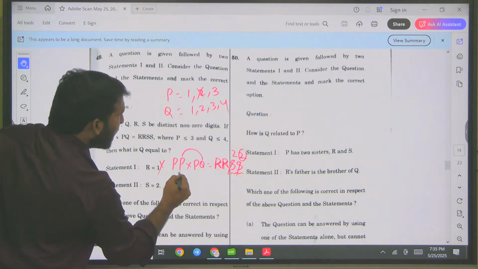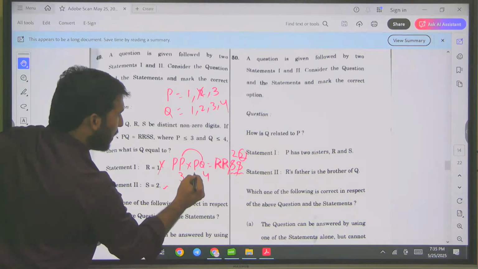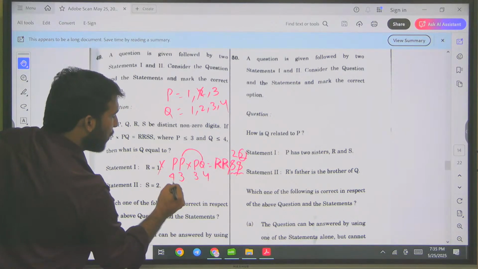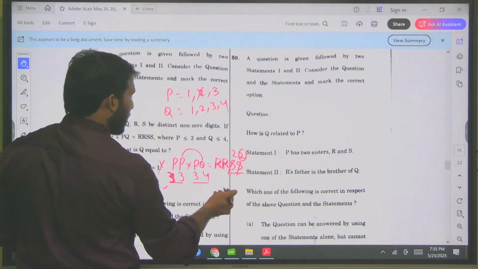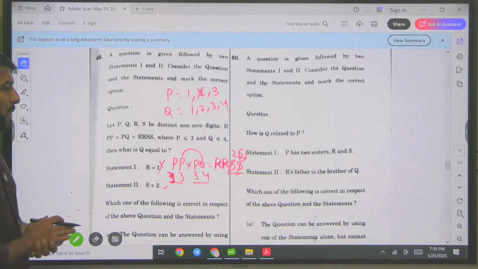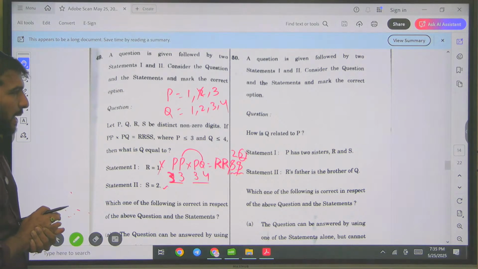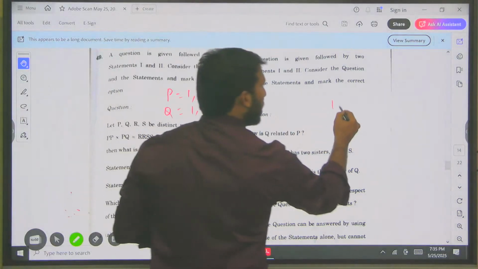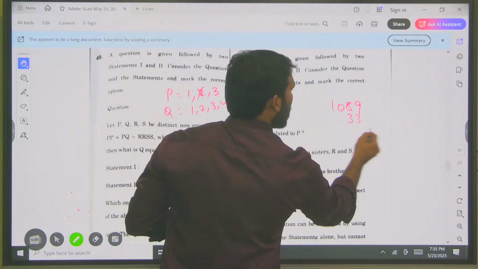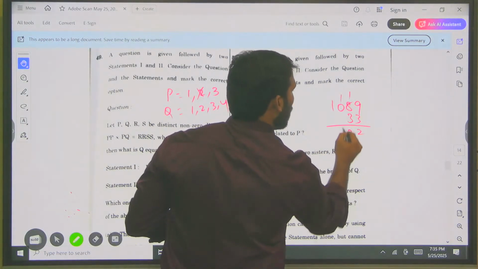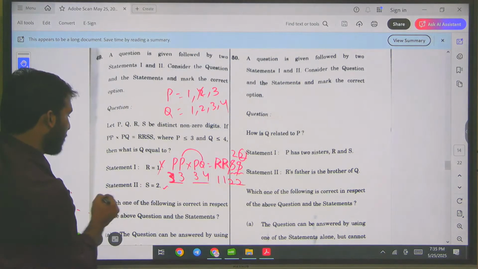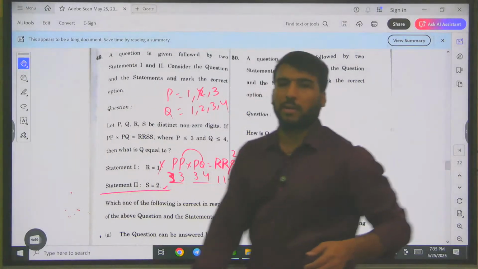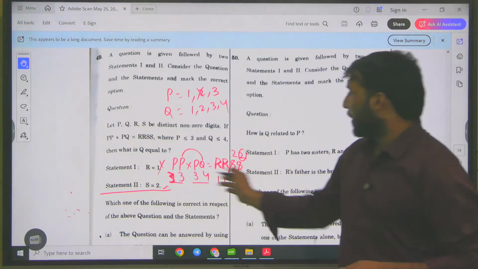So P has 3 as a possibility, Q has 4, so 33 into 34. 33 square will be 1089 plus 33, so I am getting 1122. Using only one statement, that is statement 2, I am getting my answer or not? Yes. PP into PQ.